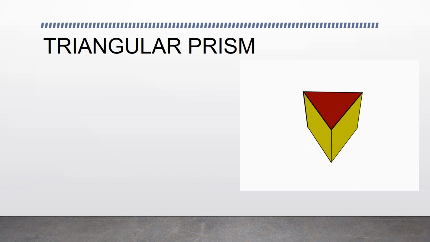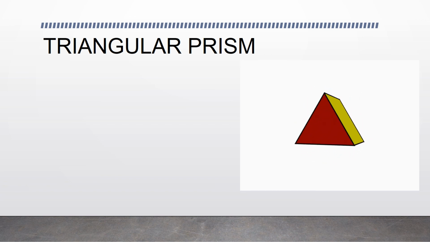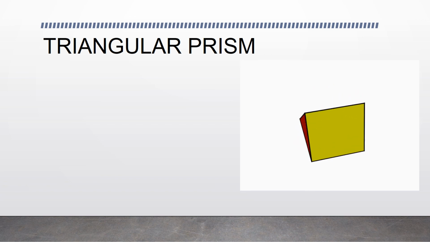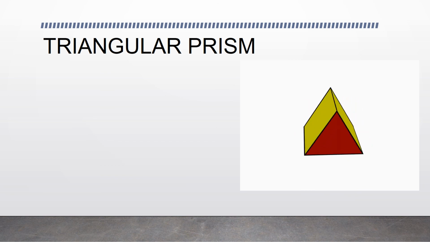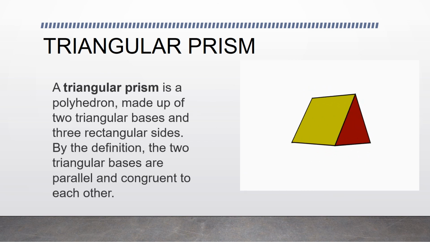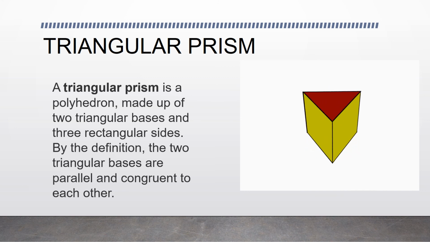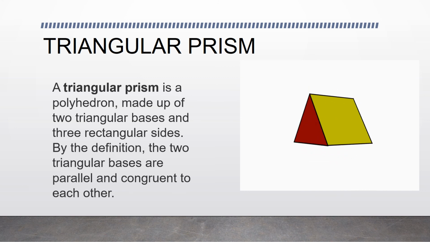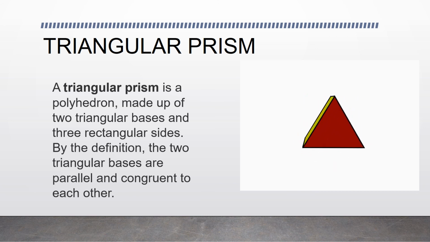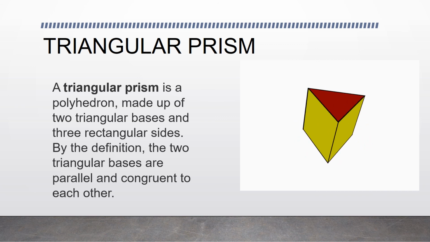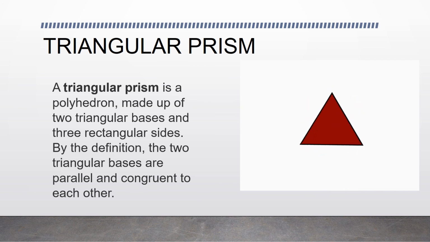Onto the triangular prism. A triangular prism is a polyhedron made up of 2 triangular bases and 3 rectangular sides. By definition, the 2 triangular bases are parallel and congruent to each other.